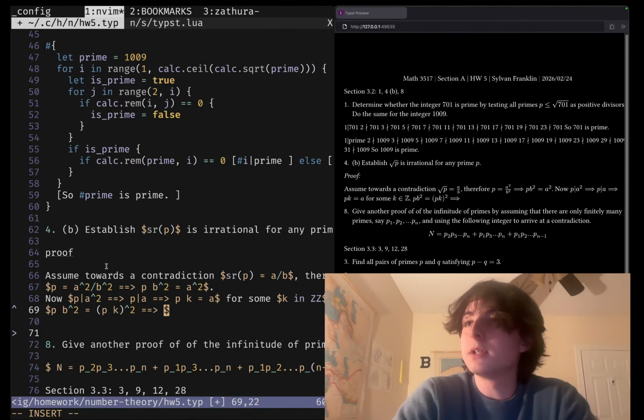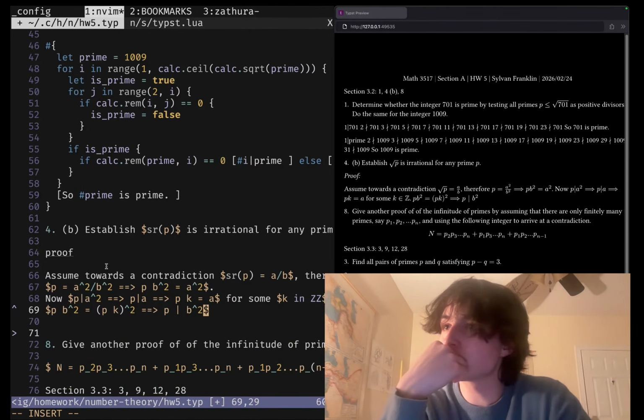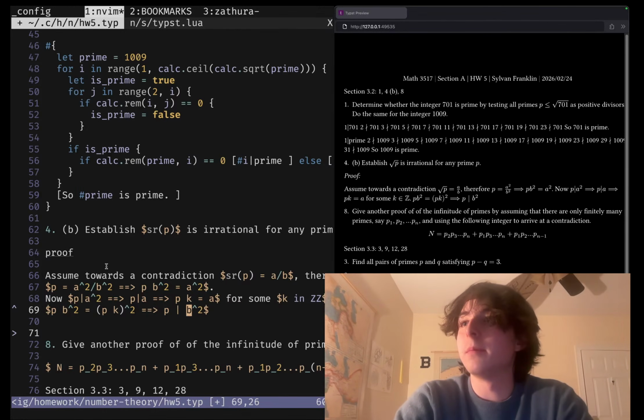Which implies p divides b squared. No. Oh my god, I'm falling asleep there.